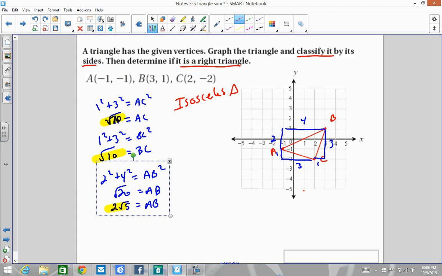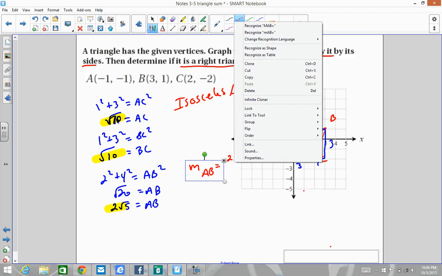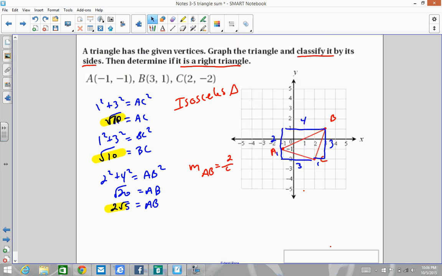So let's look at the slope of AB. Slope of AB would be 2 up and 4 to the right, which is 1/2. The slope of AC is 1 down and 3 to the right.